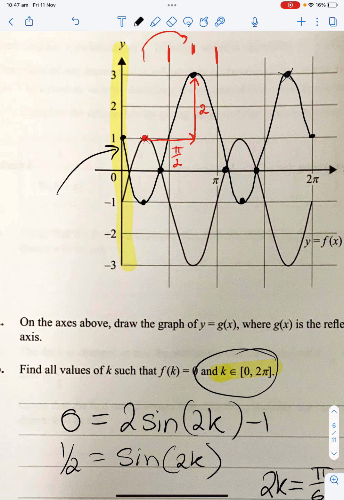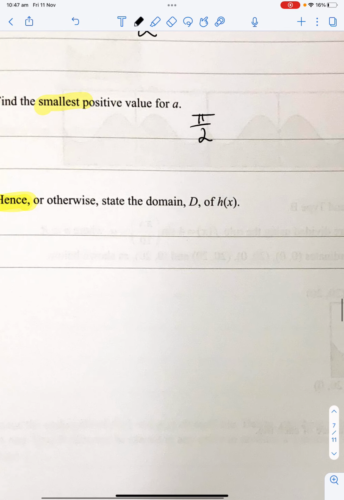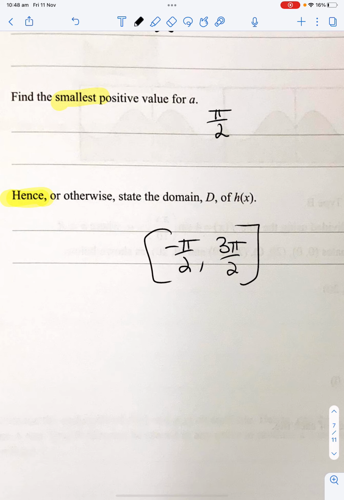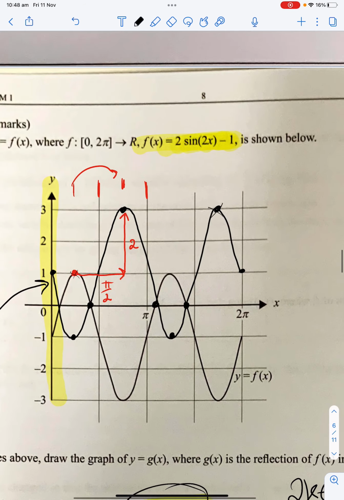It got translated to then start at 0. And how much was translated? Pi on 2. So our domain must be negative pi on 2 to 3 pi on 2, such that when I add pi on 2 to this domain, I end up with a domain of 0 to 2 pi.